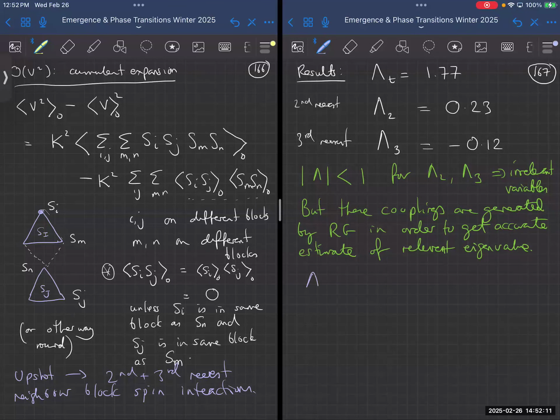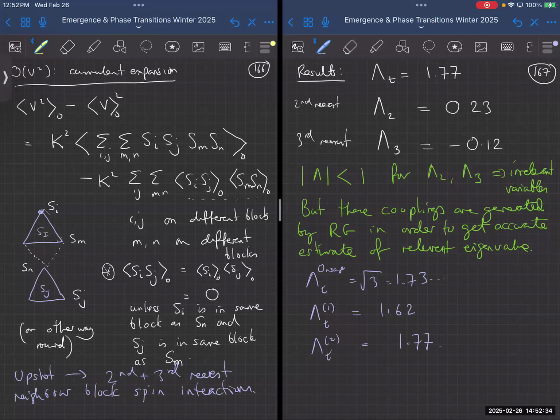The exact value for lambda from Onsager is the square root of 3, which is 1.73, something or other. At first order in perturbation theory, I got 1.62, and at second order I got 1.77.